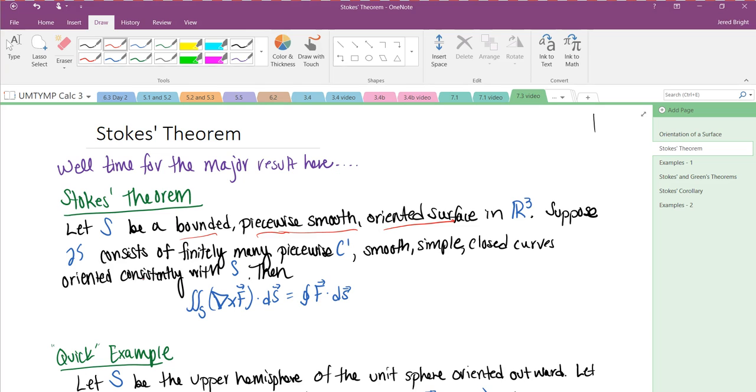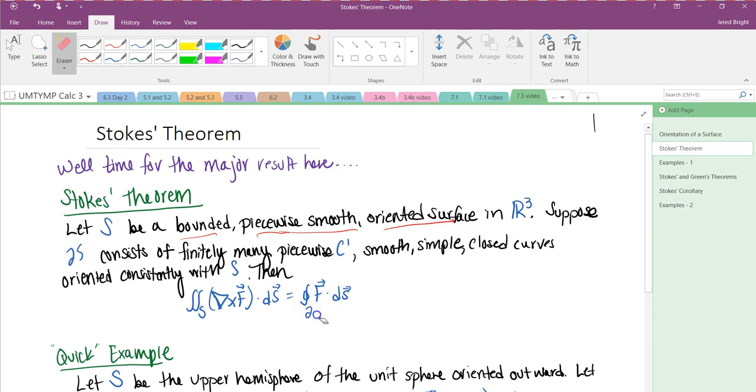Then we say that the double integral over the surface of the curl of F dot dS is equal to the integral of F dot ds, little s. I forgot to put that this is over the boundary.